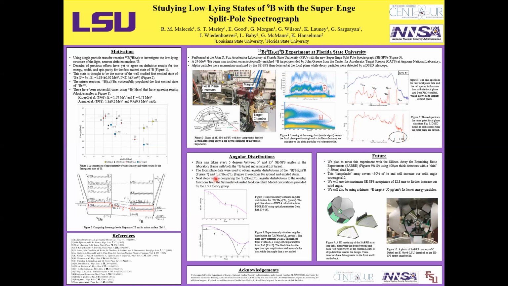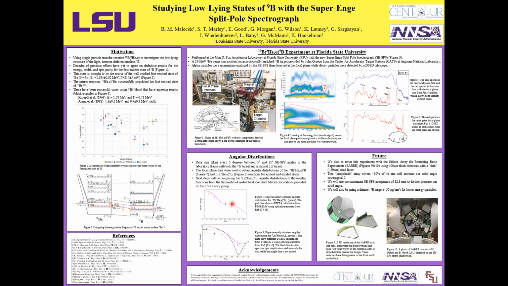However, this experiment wasn't a loss because we got lots of good forward angle data. We took data with our boron-10 target and also a lithium fluoride target as a calibrant every 5 degrees between forward lab angle 5 and 35. And from this data, we experimentally obtained angular distributions for both the ground state of boron-9 and the ground state of lithium-6.